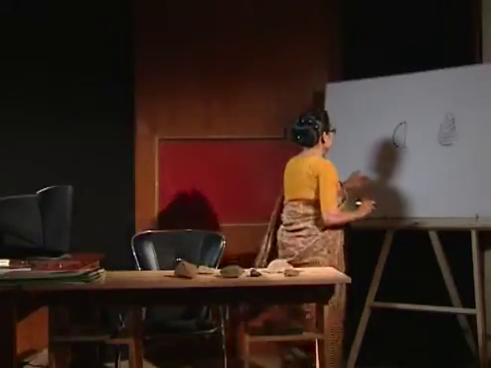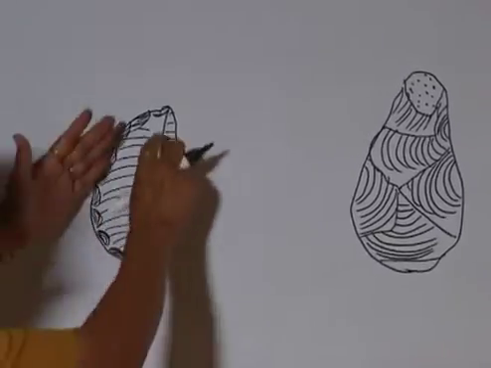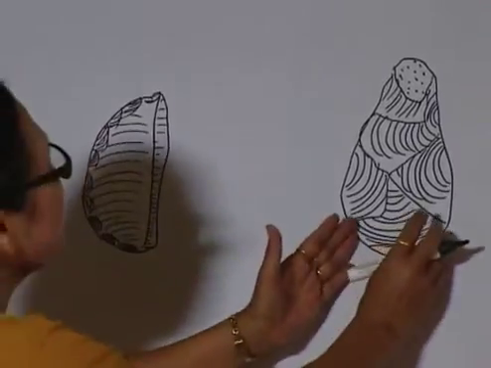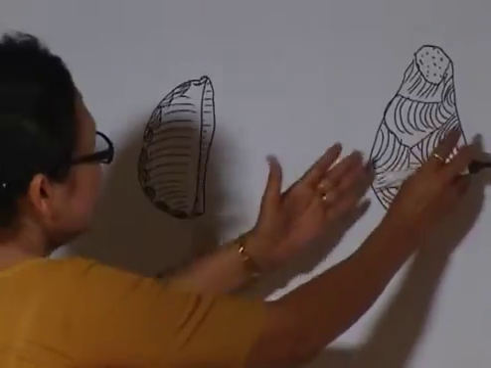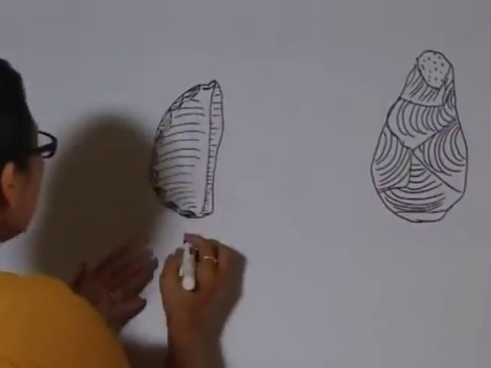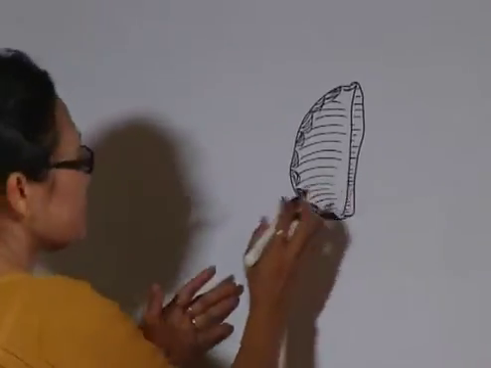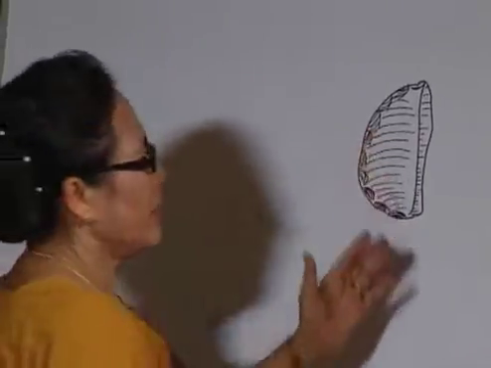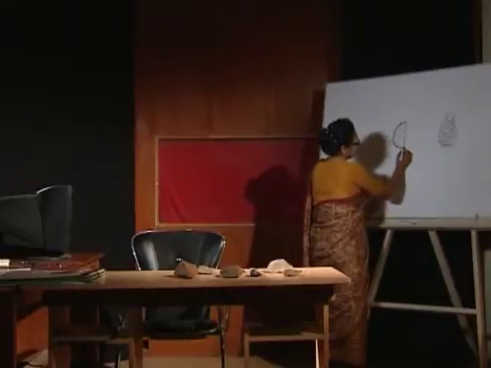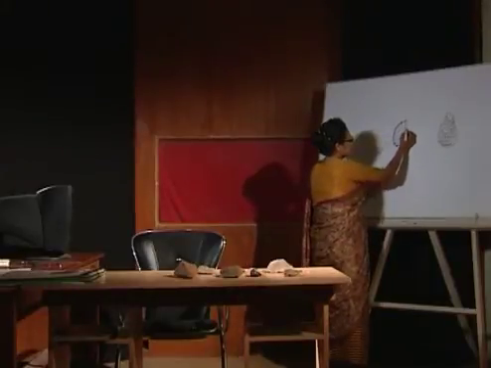Then let's see. Here the flake scar is somewhat shallow, whereas these flake scars are very deep, and these deep flake scars are represented by more curved lines, whereas the shallow flake scars are represented by less curved lines. And in case of the somewhat straight area, it is also represented by somewhat straight lines.